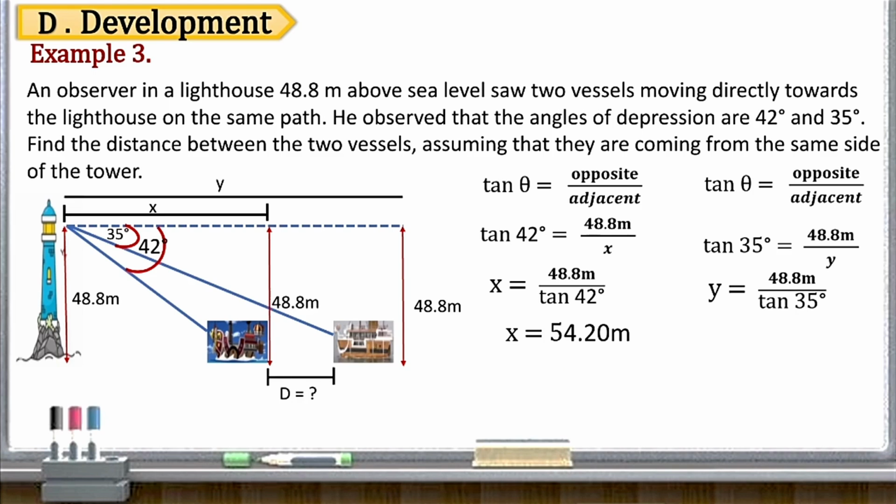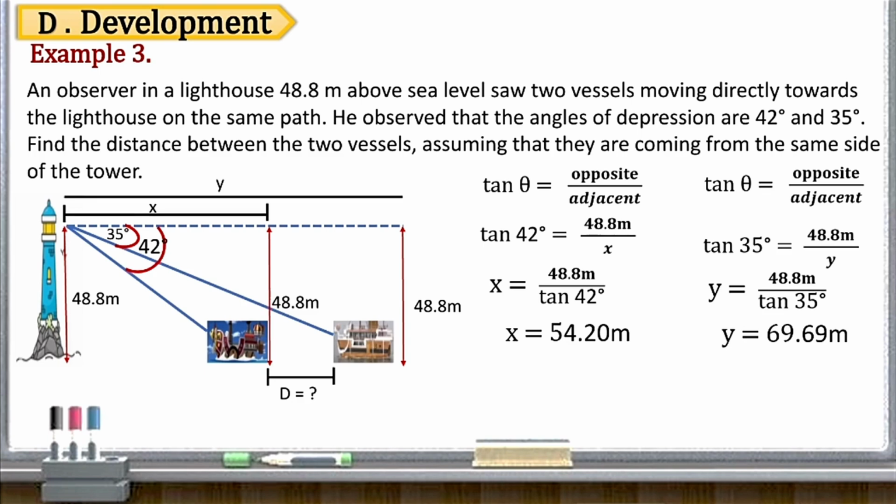So pindutin lang ulit class sa calcu. 48.8 divided by tangent 35. So y is equal to 69.69 meters.